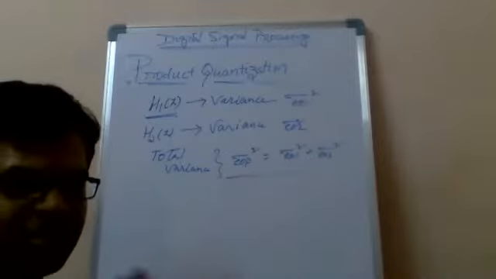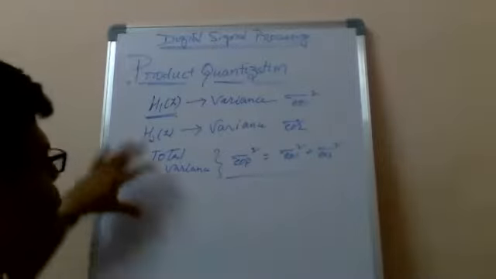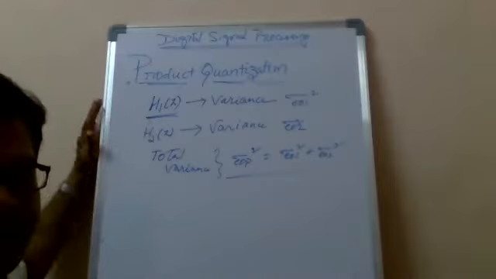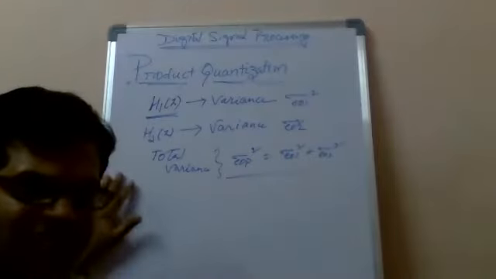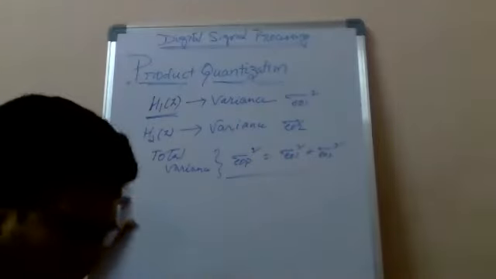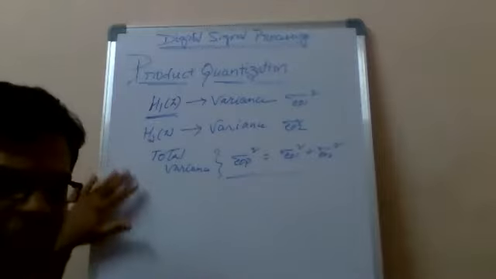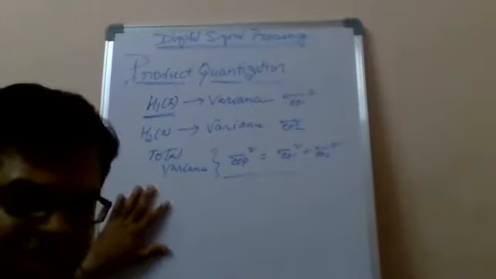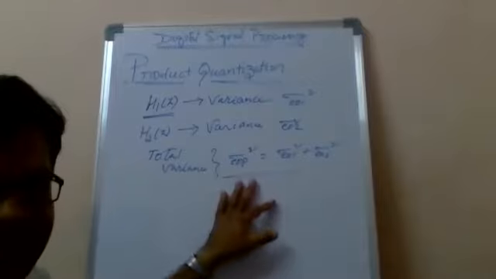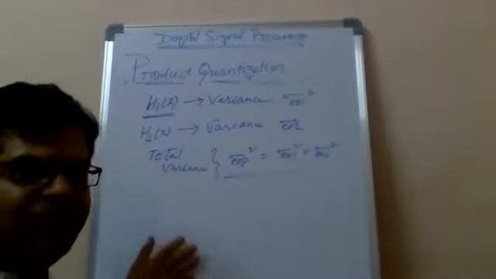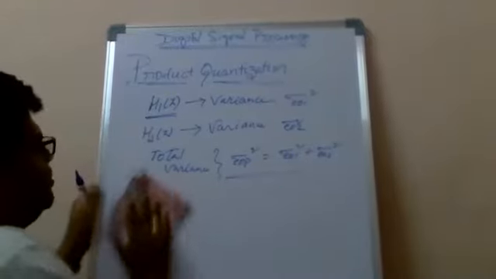So this is how we calculate the output variance. Before that, we have to calculate obviously the input variance, which is given as q square by 12, right? We have already seen that in the case of input quantization. The same process we follow here also.